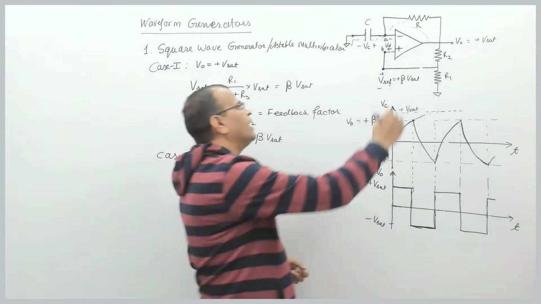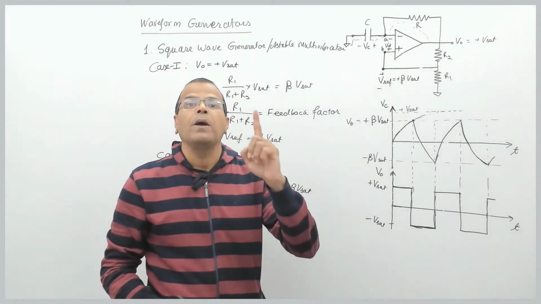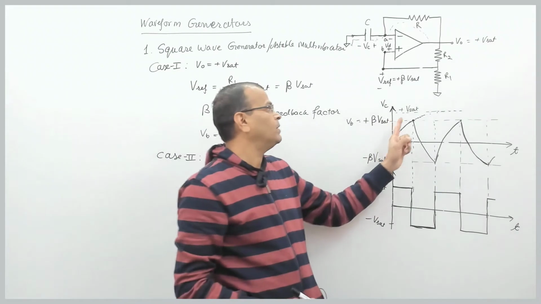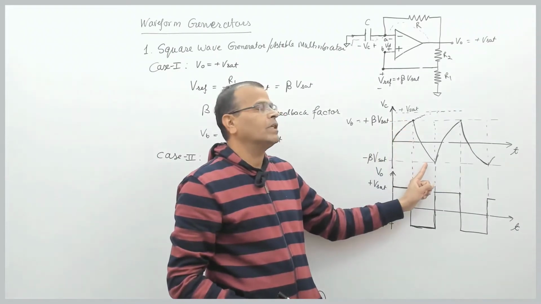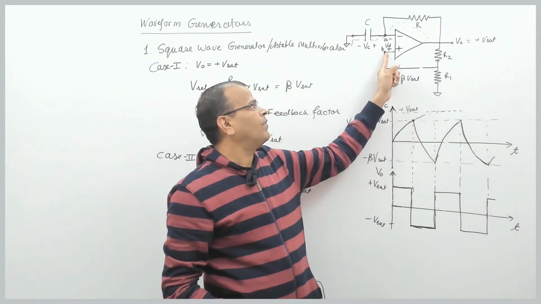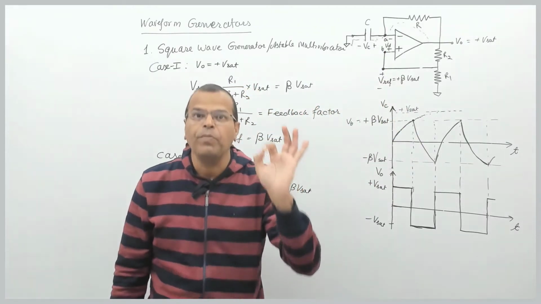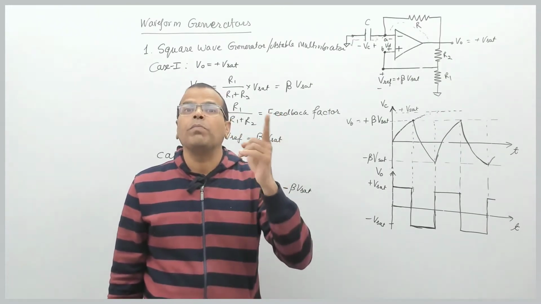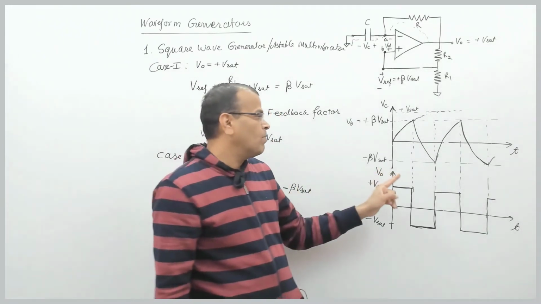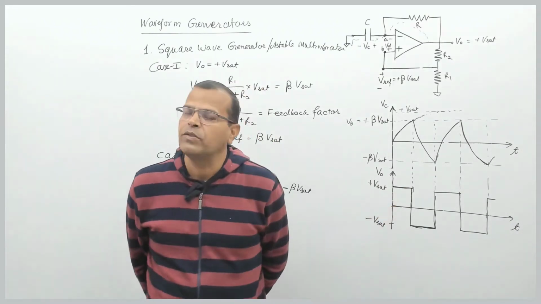So voltage at node B changes from plus beta Vset to minus beta Vset after which instant? After this instant. That means reference voltage at node B changes from plus beta Vset to minus beta Vset at the moment when output changes from plus Vset to minus Vset.